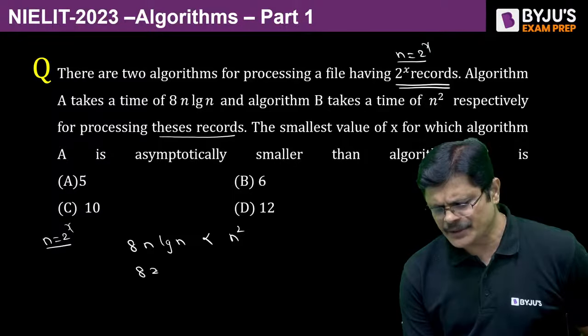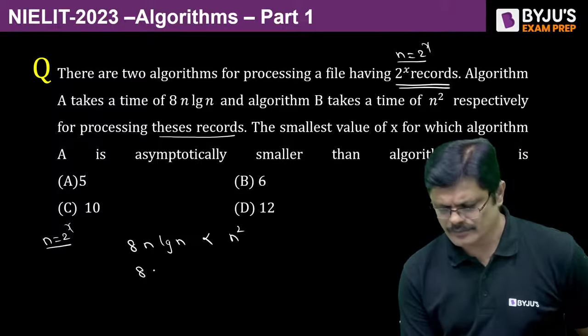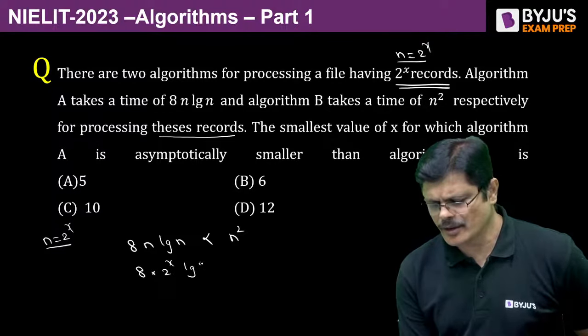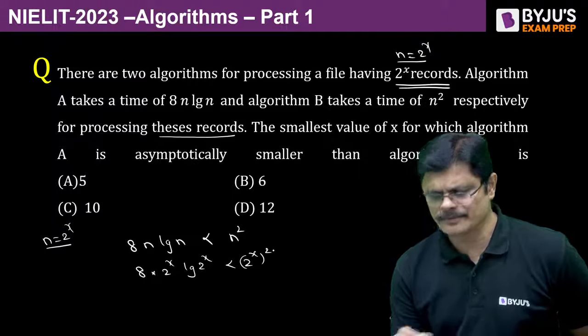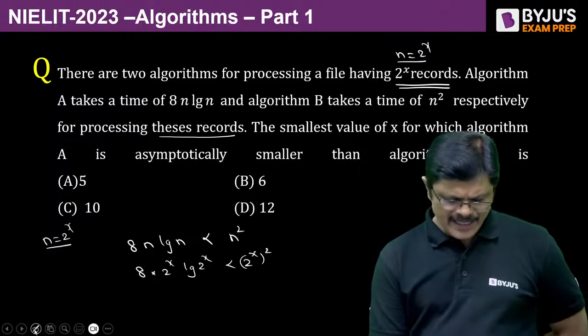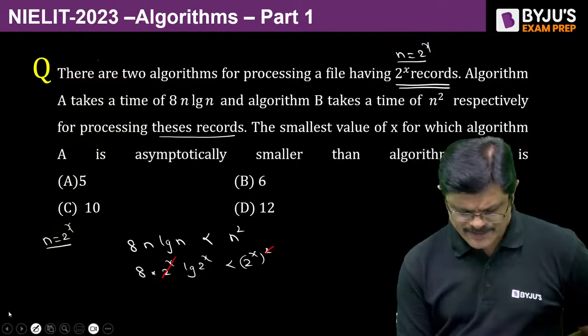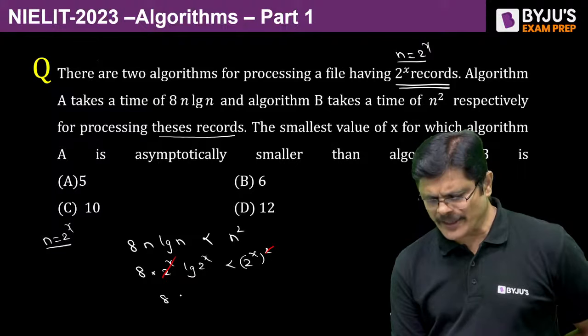So 8 into 2^x log 2^x less than (2^x)^2. And you can cancel one 2^x with the other 2^x, so that it is 8 into log 2^x, which is nothing but 8 into x into log 2.